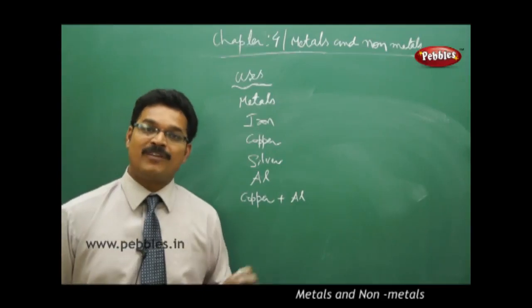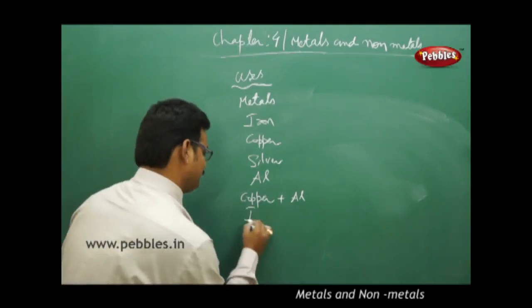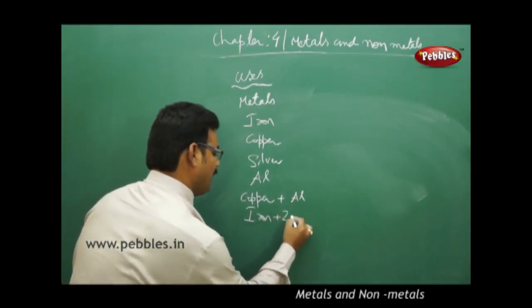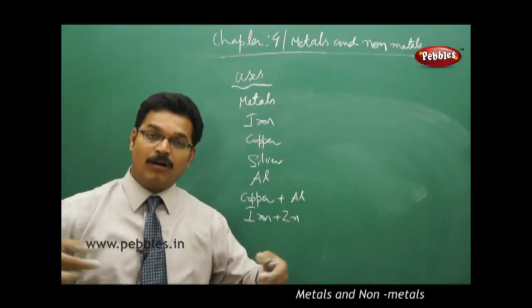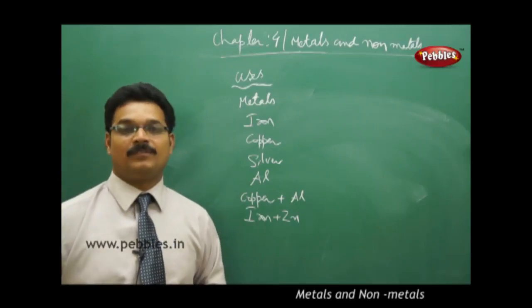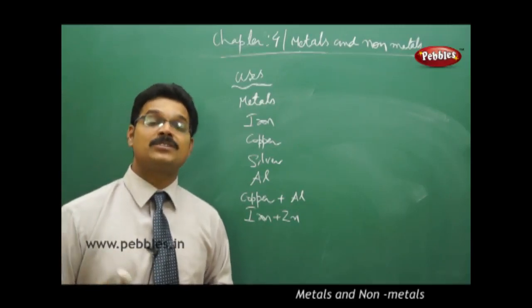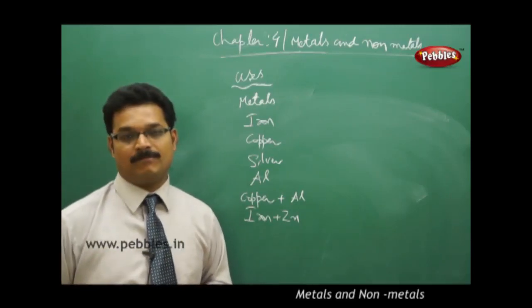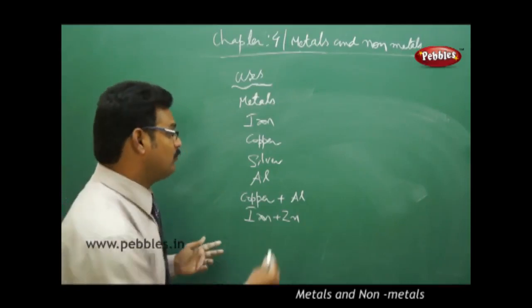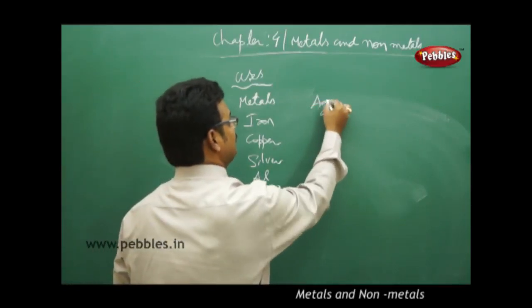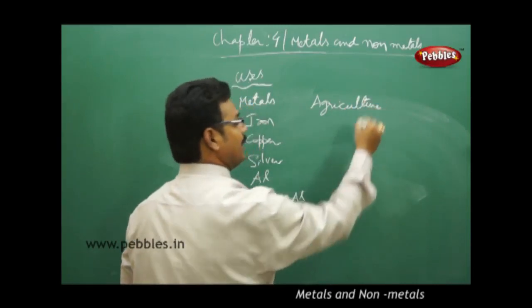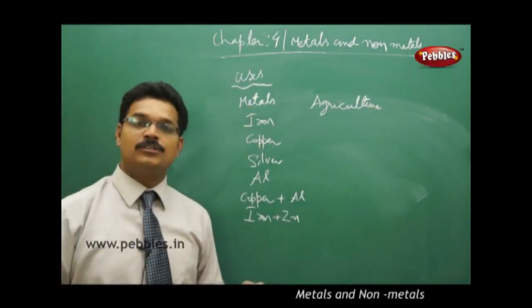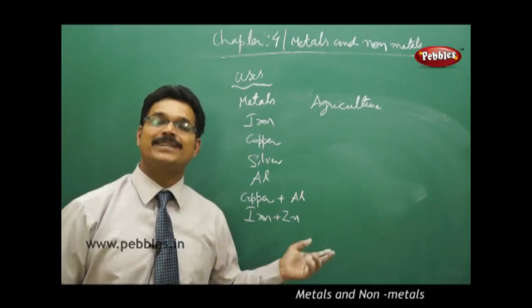If you take the combination of iron and zinc, those are used for making long sheets, which are used for different purposes in construction. Now, if I go to agriculture, there is no limit to the usage of metals.